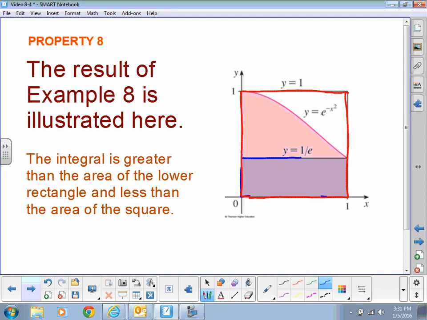So the red area, that's our area of 1. It's 1 by 1. And then we said that our function's area must be somewhere in between there. And you can pretty clearly see the area under e to the minus x squared is definitely in between the areas of those two rectangles.